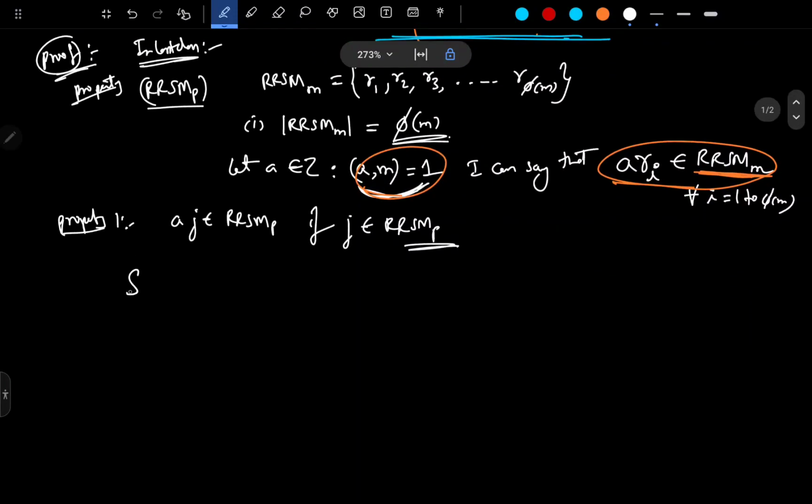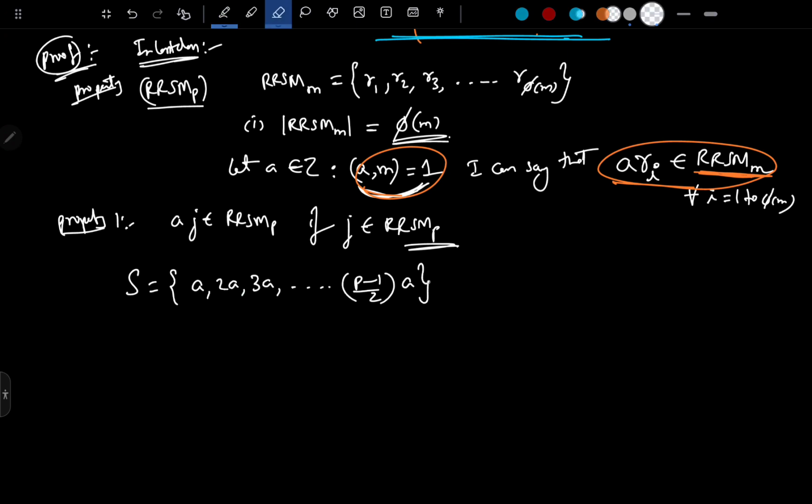So let's name this set S. S is a, 2a, 3a and so on, up to (p minus 1) by 2 times a. And consider another set. Which notation will be better? Let's go by R and L. R means right, L means left.